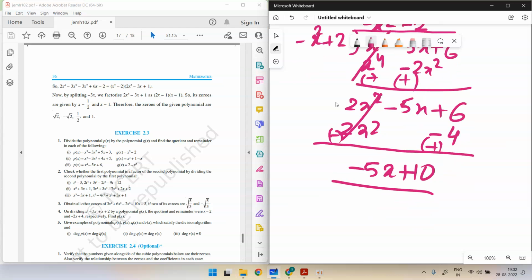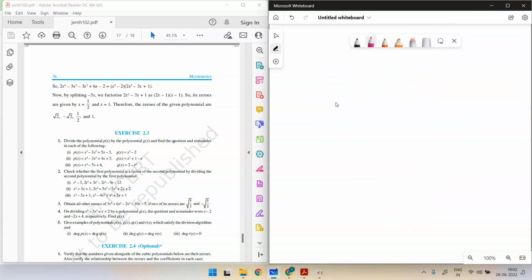Next question. Question number 2. Check whether the first polynomial is a factor of the second polynomial by dividing the second polynomial by the first polynomial.